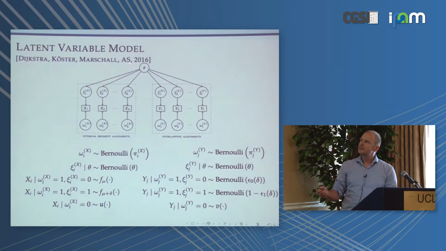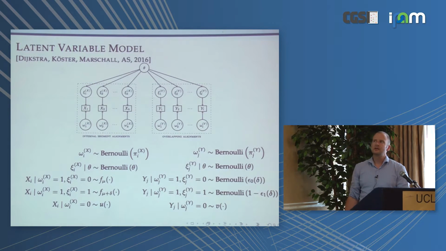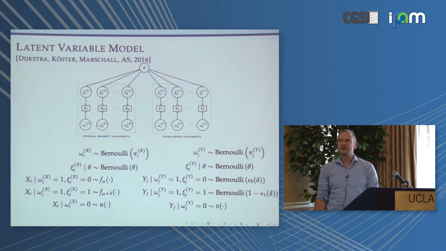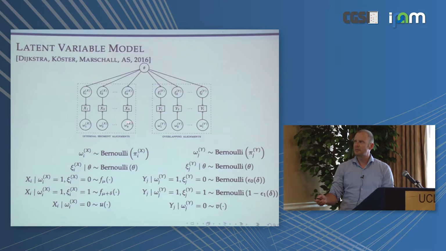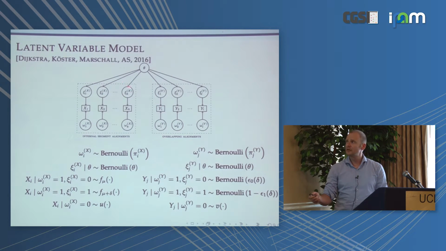The circles denote latent variables, and the squared things denote things that you can observe. Those are the paired and the spanning alignments, so this is the alignment length. And these here are the split read alignments, which are either 0 or 1: 0 for not having a split that indicates the variant, and 1 for having a split that indicates the variant.